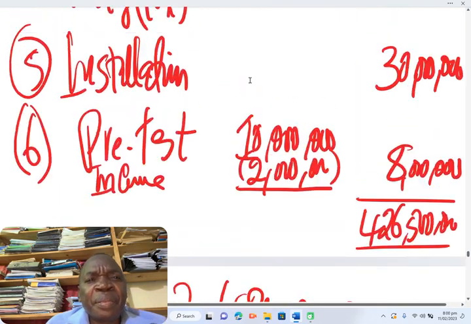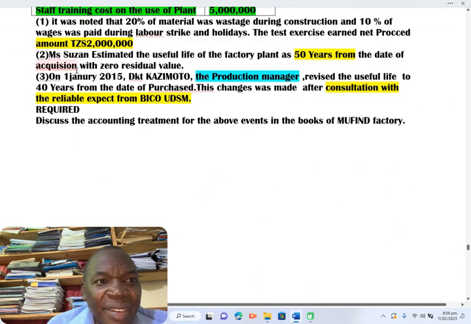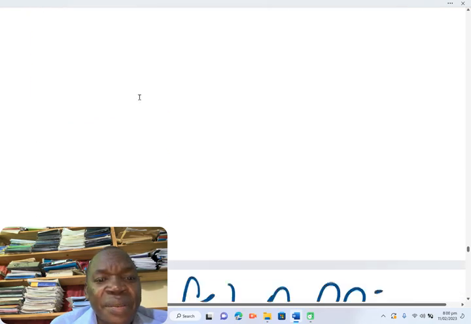Swali ilikuwa nini? Ilikuwa ni revision again. Kwa sasa sema Kazimoto January amerevise life to 40 years. Maana ukienda pale ilikuwa ni 50 years, si ndio?